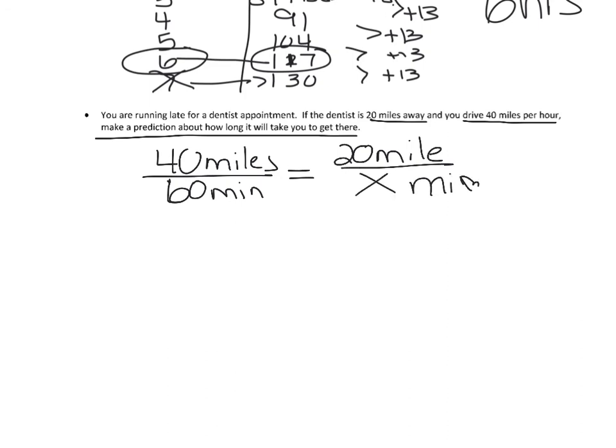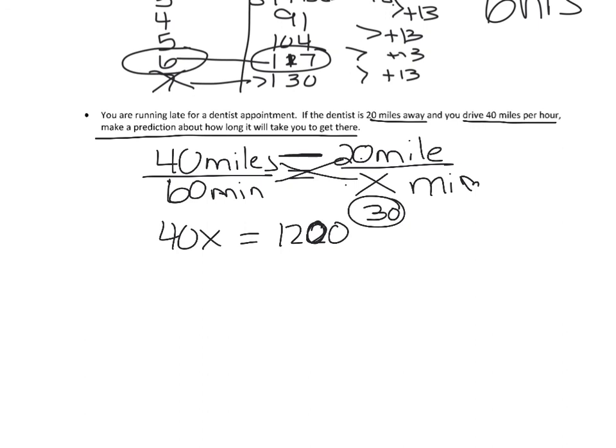So we need to solve for x, right? So really, y'all, you can look at this. Half of 40 is 20, so half of 60 would be 30, right? Or you can just cross multiply if you're not sure, if you didn't see that. 40 times x equals 20 times 60, which is 1200.